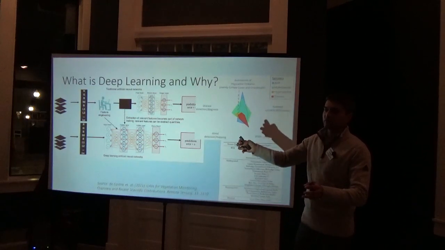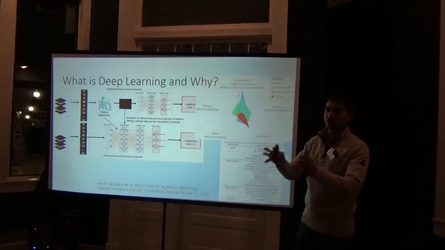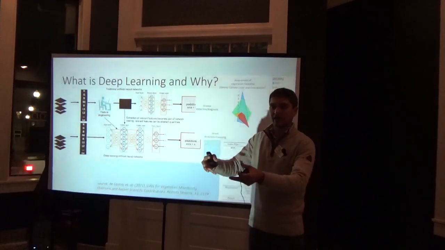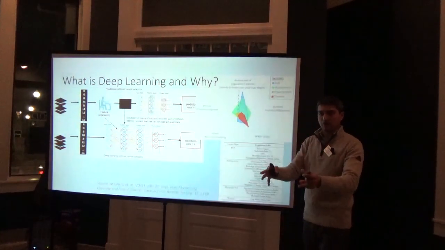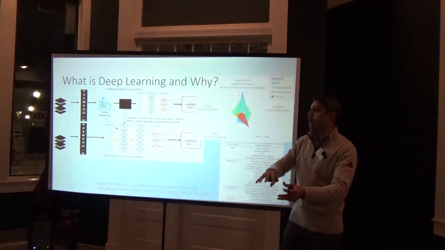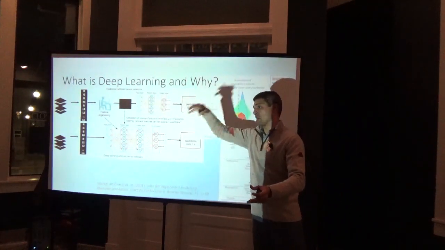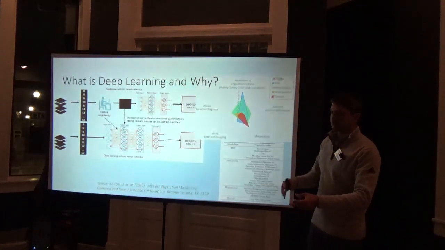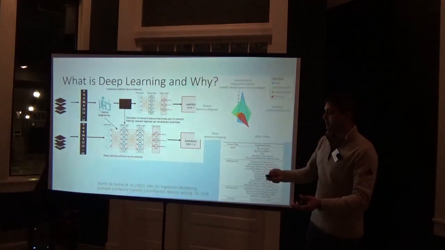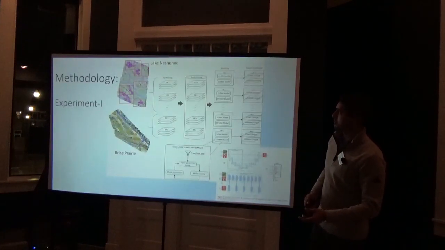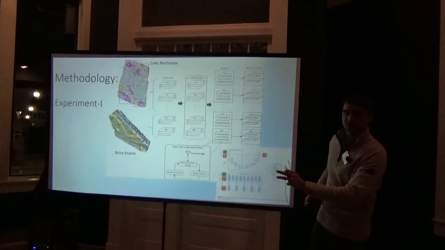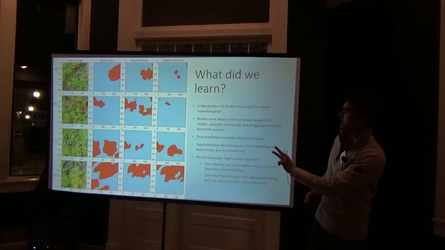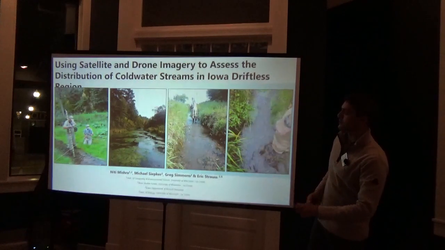And we are trying to train a deep neural network model to learn what loosestrife looks like. And if we train it properly, then it should be able to automatically identify it over a much larger area and at a much bigger scale. But training it takes a lot of time and lots of samples. So this is a work in progress. Again, I have more things to talk about, so I'm going to skip this, but this has potential, and we are working on this part.